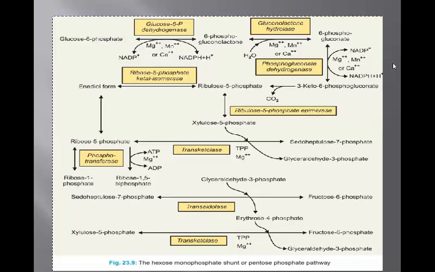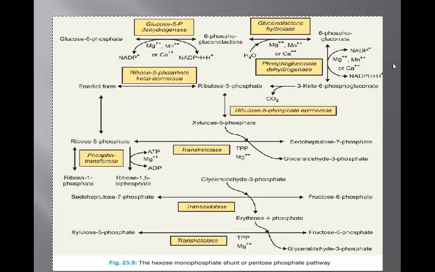As it is a cyclic process, this sedoheptulose 7-phosphate and glyceraldehyde 3-phosphate take part in another reaction where the transaldolase enzyme works, and this transaldolase enzyme causes aldol cleavage where a 3-carbon dihydroxyacetone unit from sedoheptulose 7-phosphate is transferred to glyceraldehyde 3-phosphate.